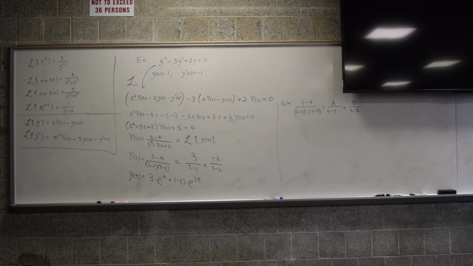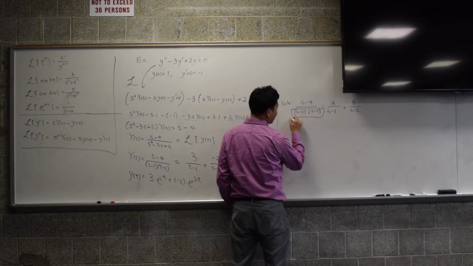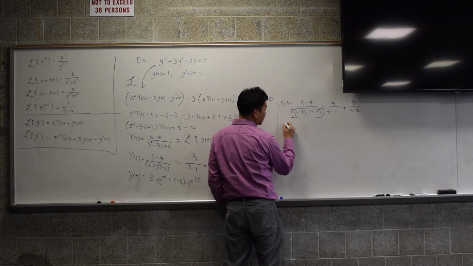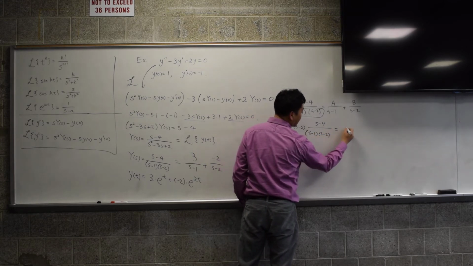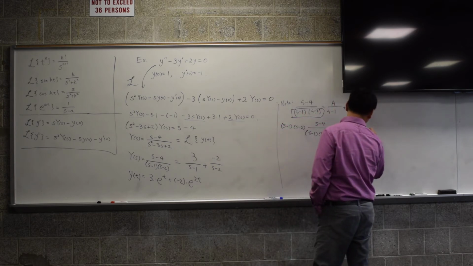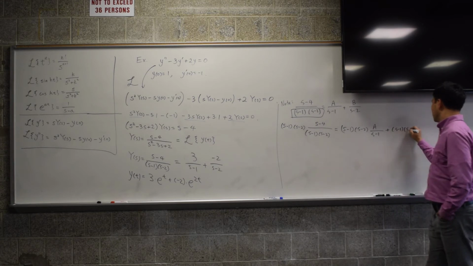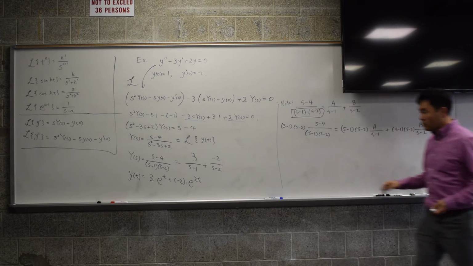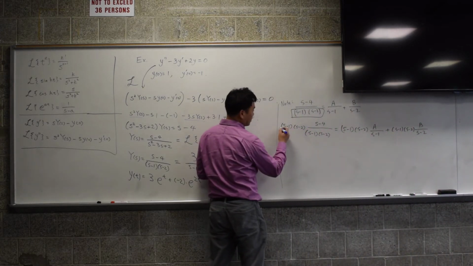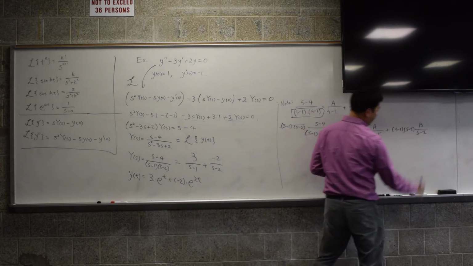Okay. Here's a slightly quicker way of finding a and b. First, multiply this denominator both sides. What happens if you do that? If you multiply (s minus 1)(s minus 2) both sides, that has to be multiplied to everything. Then you see that these cancel away, this cancels away, and that cancels away. Okay?